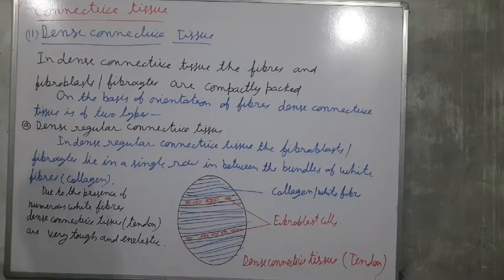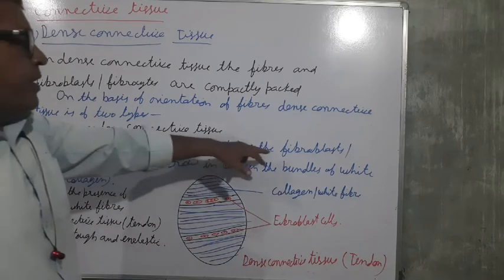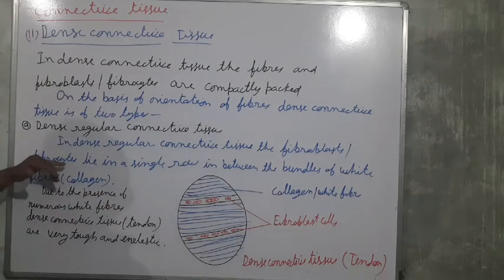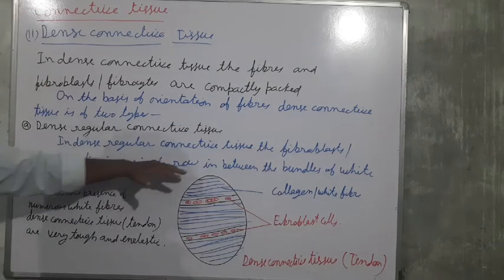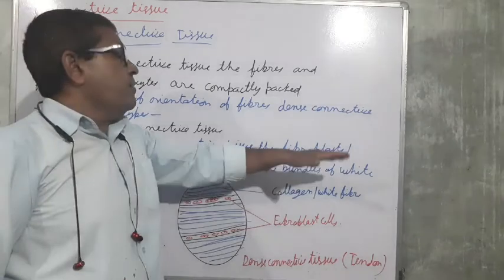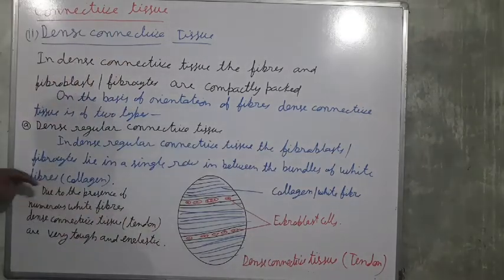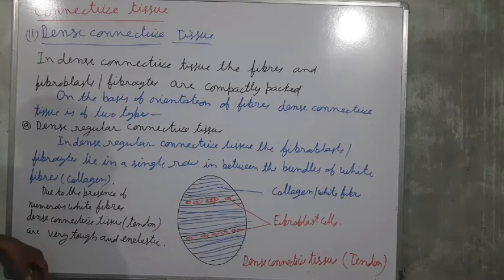So these are about the dense connective tissue. In dense regular connective tissue, the fibroblasts or fibrocytes lie in a single row in between the bundles of the white fibers. Due to the presence of numerous white fibers, dense connective tissue is very tough and inelastic.